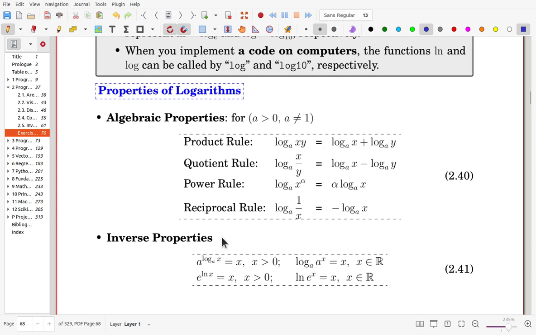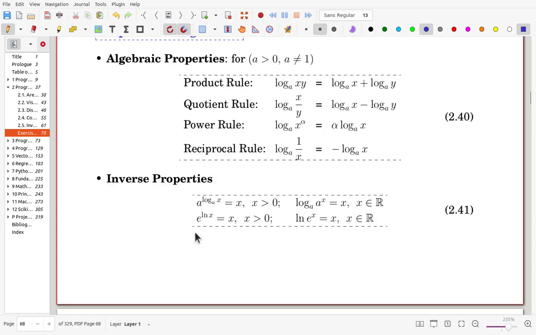Inverse properties. Okay, here a to the power is exponential, and log base a is logarithm, so a and log a can be cancelled to become x, and also the same here, log a and a exponential cancel because they are inverses of each other, so that becomes x.